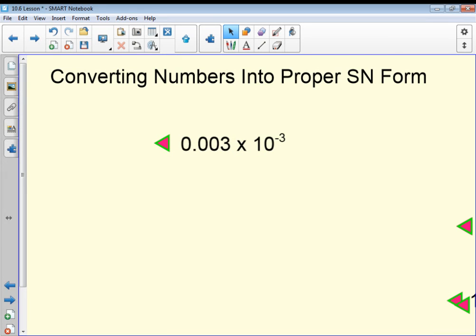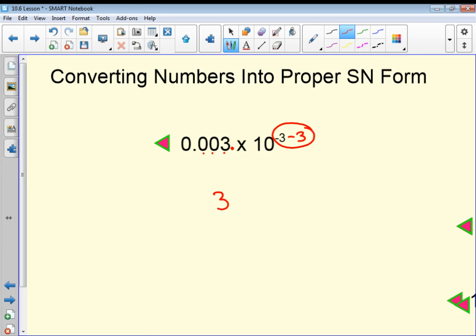Okay, so let's look. We need one number that's not a 0 to the left, so I have to move my decimal to there. So I had to move 1, 2, 3 places. It was less than 10, right? So it's smaller, less than 1. So we're going to say it's a negative, and we went 3 places. So now let's put those together.